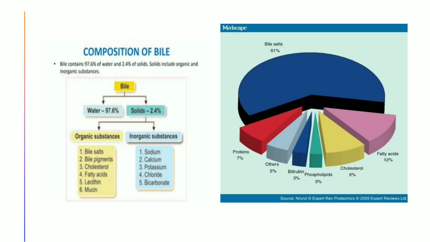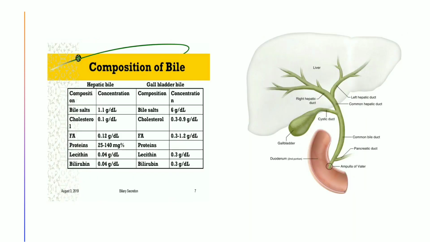So the composition of bile is especially important, and there is a difference between the gallbladder bile and the hepatic bile that you have to know, because in the gallbladder the bile becomes more concentrated. You can see here the bile salt has gone from 1.1 gram per deciliter to 6 gram per deciliter, and the other constituents are also increased.